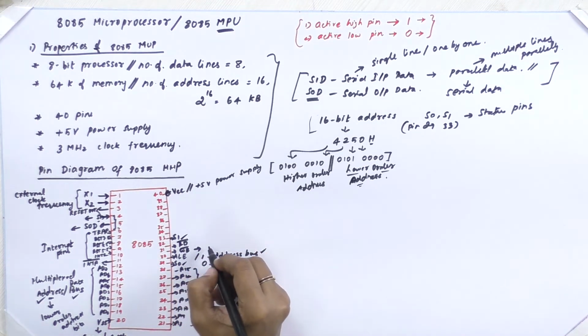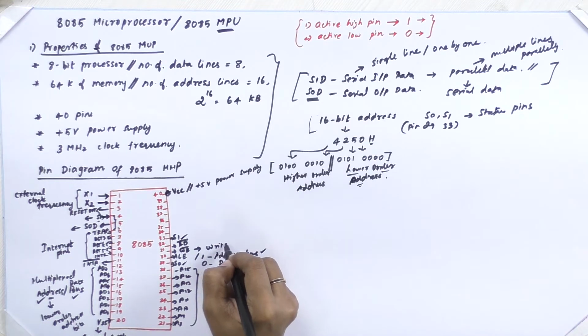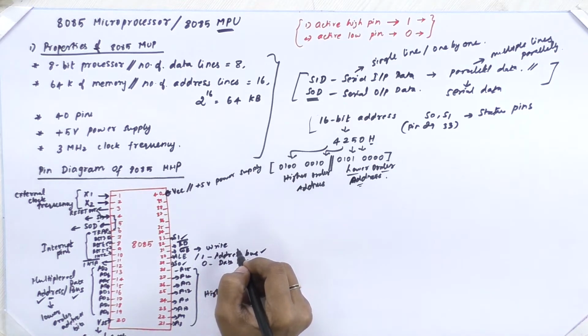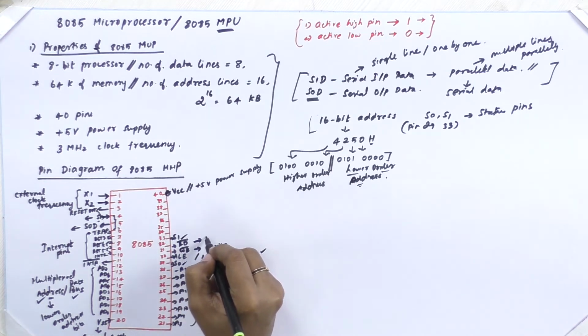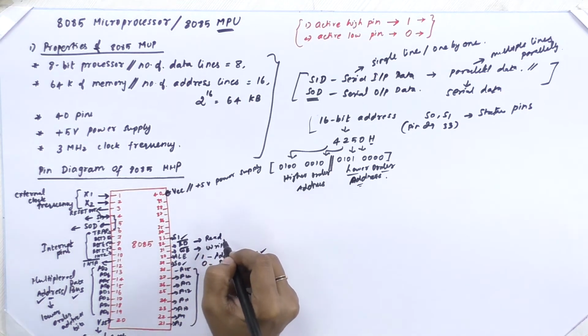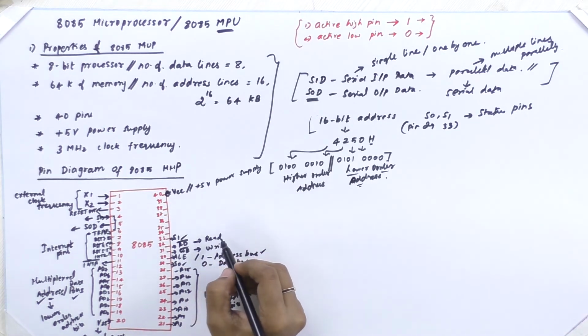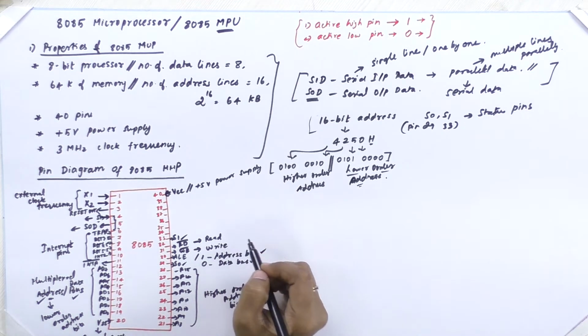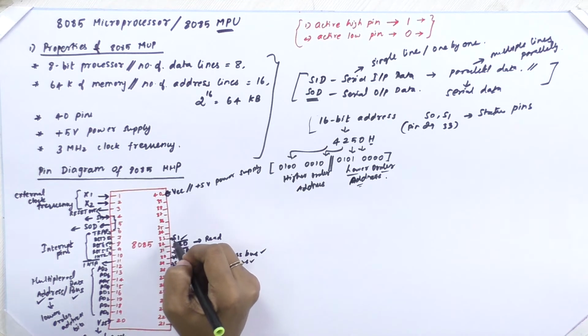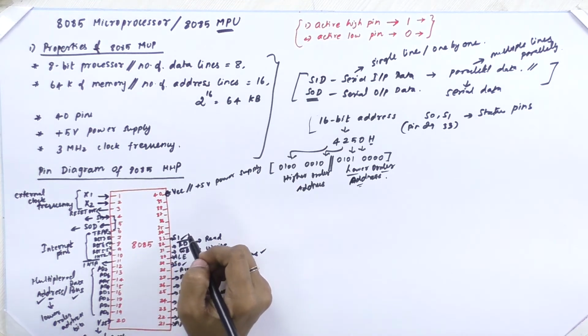So write means it performs a write operation either into the IO device or memory. Then read means the processor will perform a read operation either from the IO device or memory. Next is S0, we have discussed already.